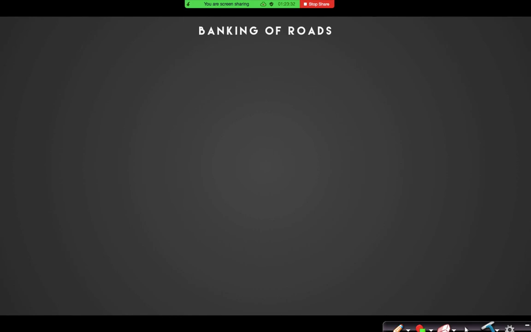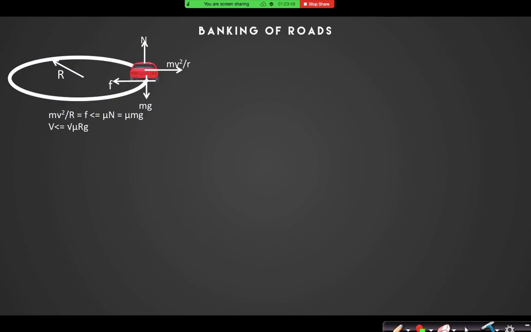The road is somehow bent or makes a certain angle with the horizontal. That is known as banking of road. Today we will study why that inclination is needed and what the problem will be if there is no inclination. So let us first take this example of a flat horizontal road, but it is a circular road.